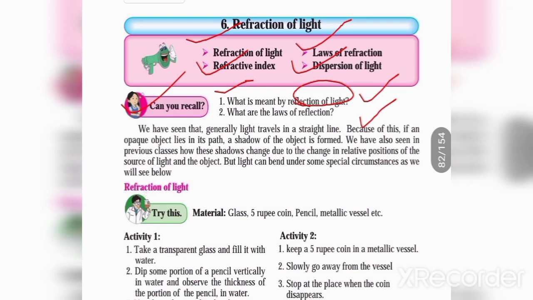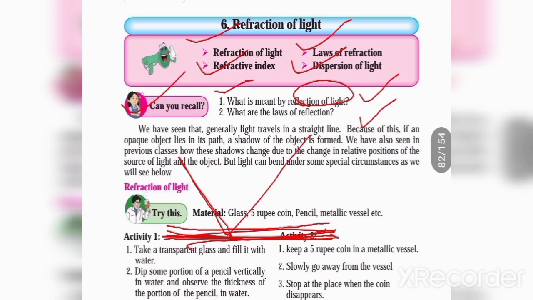For example, this is the polished surface. When a ray of light approaches a smooth surface, and this is a ray of light which is incident on that smooth surface and bounces back this way, that is called reflection of light.